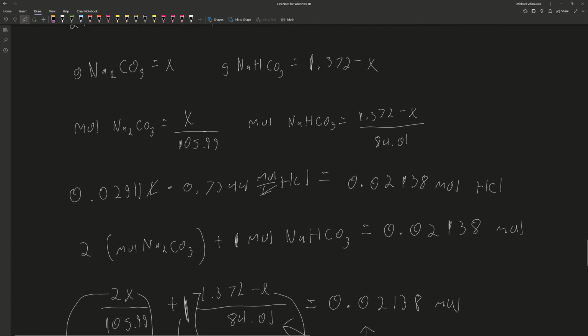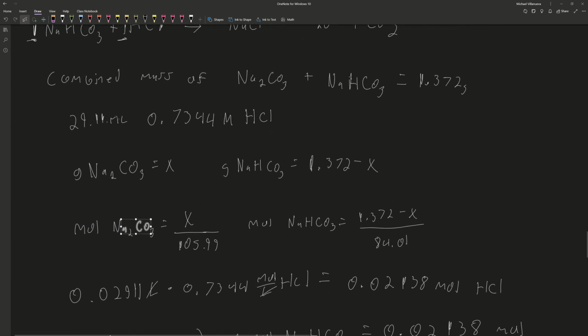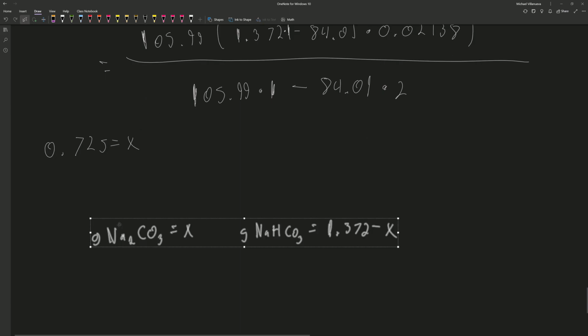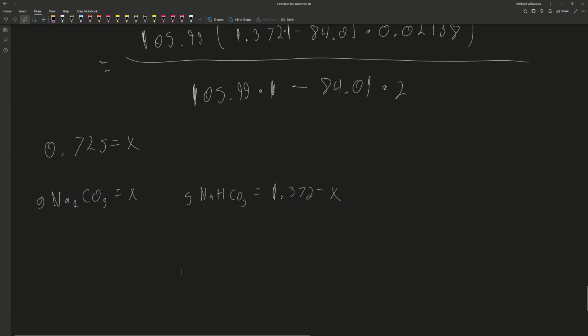And what does x equal? X is Na2CO3. So if we want to find NaHCO3, we would take 1.372 minus 0.725.